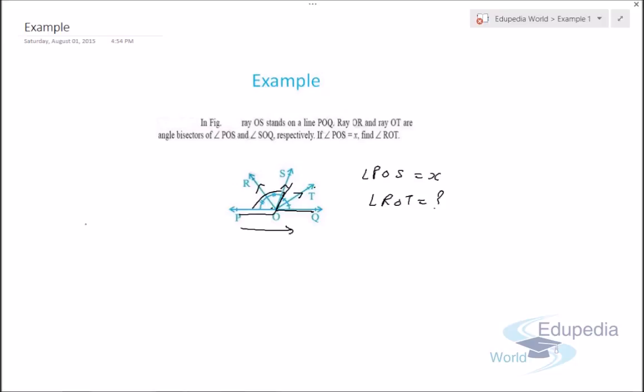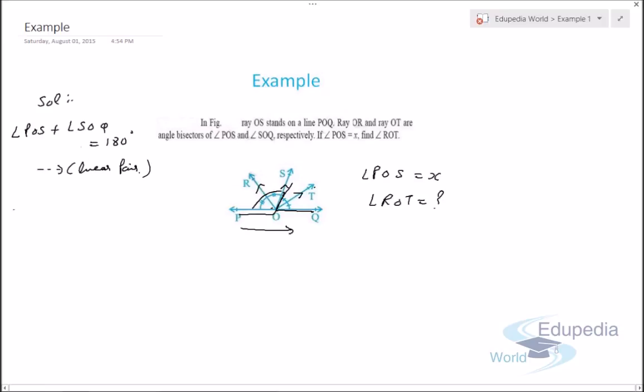Now, solution for this question. We know that angle POS plus angle SOQ equals 180 degrees. Why? If we see the figure clearly, angle POS plus angle SOQ make a linear pair.